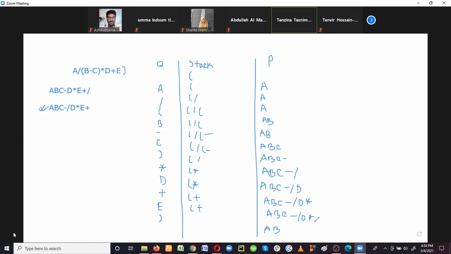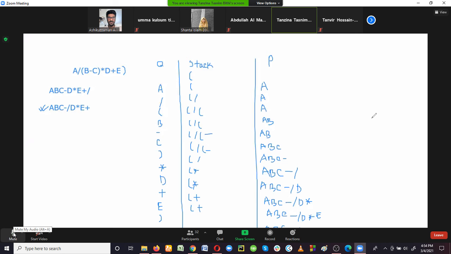Okay, we didn't add E. In this step we have to actually add E. So this is the expression in postfix notation. Is that clear? Yes, ma'am.